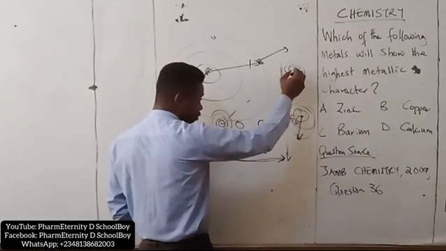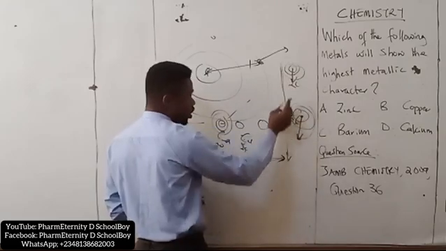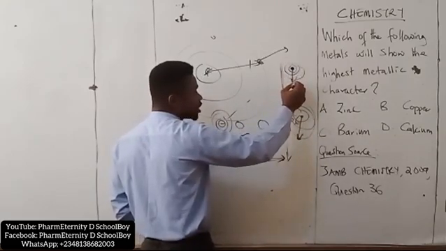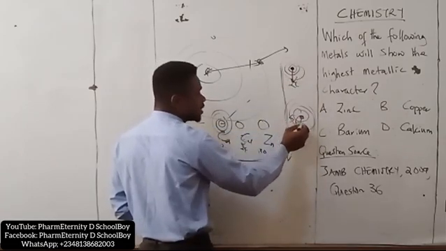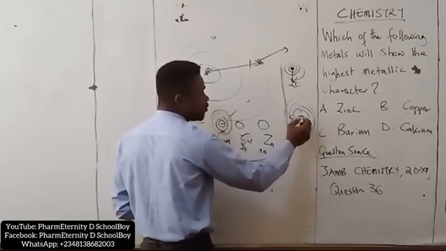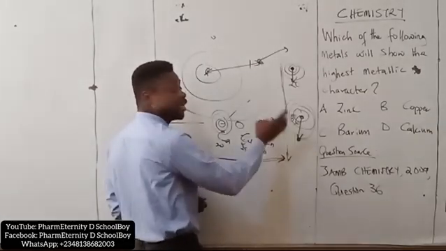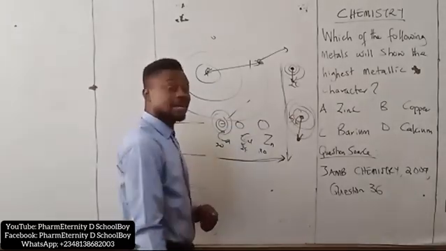That means comparing calcium and barium, the distance from the nucleus to the outermost shell for calcium is less than the distance of the outermost shell in barium from the nucleus. So that means the atomic radius of barium is higher than the atomic radius of calcium.